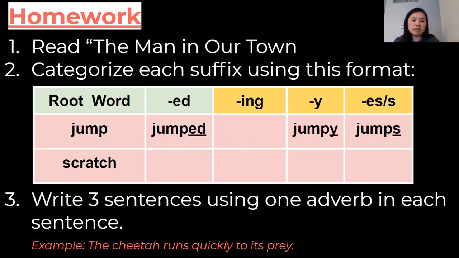Then you're going to make this chart in your student portfolio. You're going to then fill in the blanks, and then you're going to write 3 sentences using 1 adverb in each sentence. An adverb, again, ends with the suffix ly, and it describes how or how much.